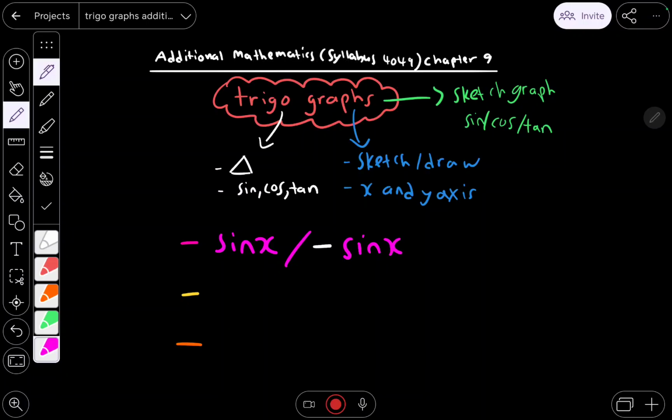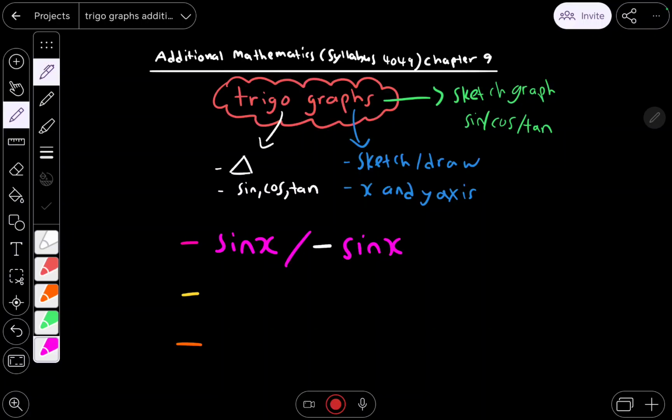These are just general graphs, but in the questions they will ask you to sketch a more complicated graph, which I will show you in the next one or two videos, and we will go into that soon. But for now, let's learn how the shape looks like, and let's also learn about the different kinds of coordinates you have to plot, and also the range of values for the degrees.